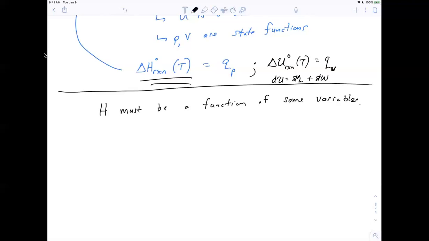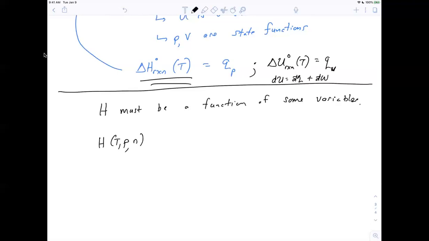And now, since we started our discussion by a stipulation or a constraint that pressure is constant, it suggests that pressure would be a natural variable to let H depend on. Since we saw that H arises when we control pressure, we should probably have pressure as a variable that H depends on. So we're going to consider now that H is a function of temperature and pressure.